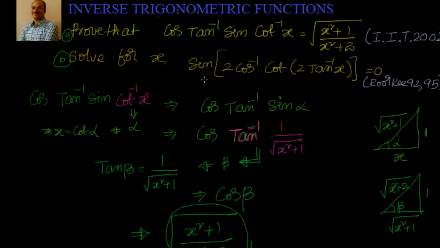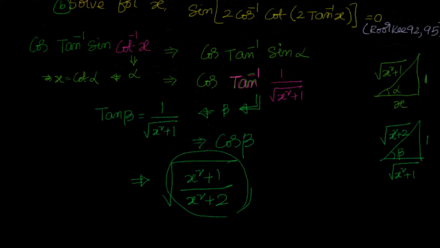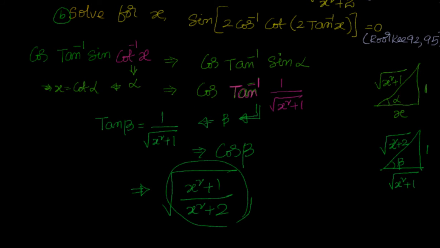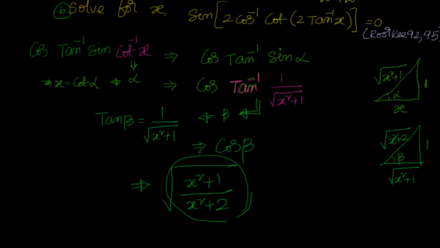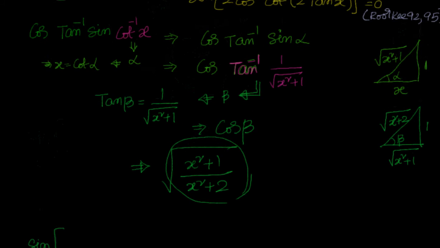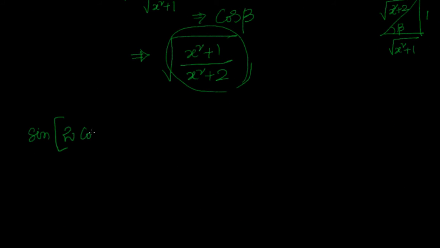Let's look at the second problem now. I have to solve for x. What is given to me? Sine of 2 cos inverse of cot of 2 tan inverse x equals 0.